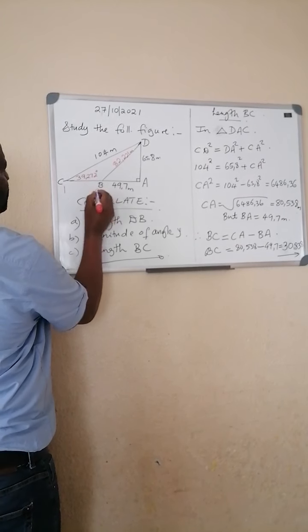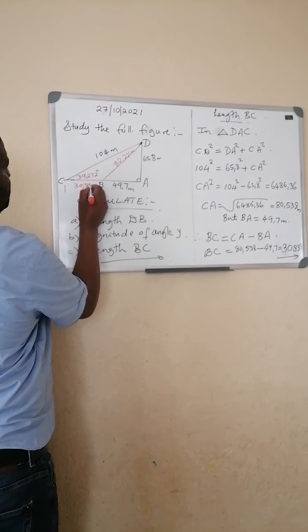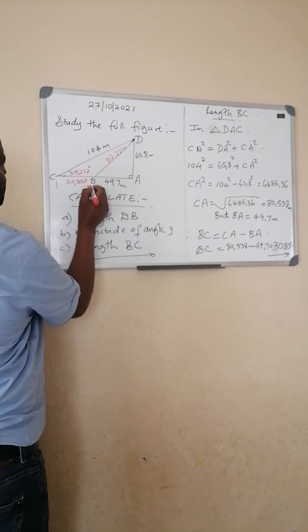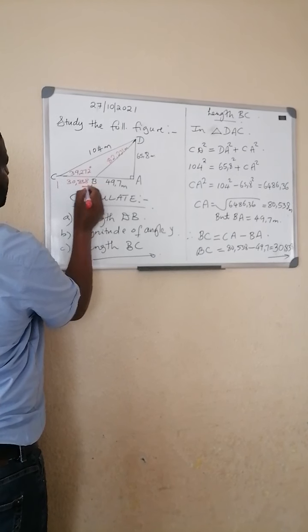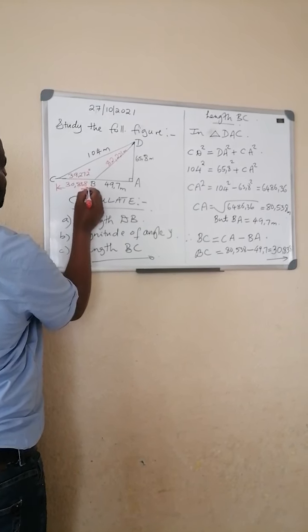This from here to there will be 30.838. This distance there.